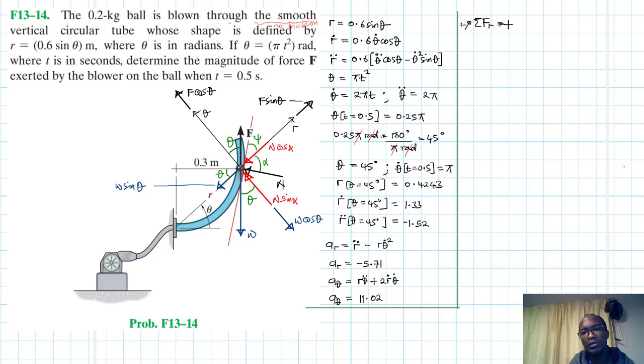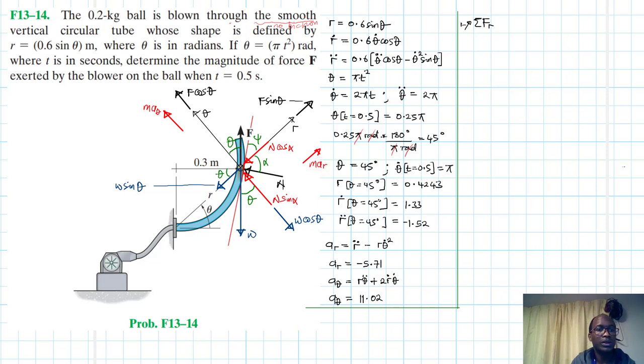I didn't show the directions. Let me show. So we do have our kinetic diagram in that direction and this one in this direction, like so. Alright, so this is our m a theta, this is our m a r.